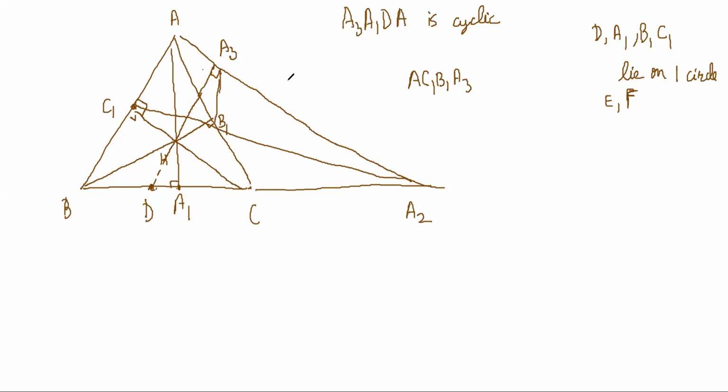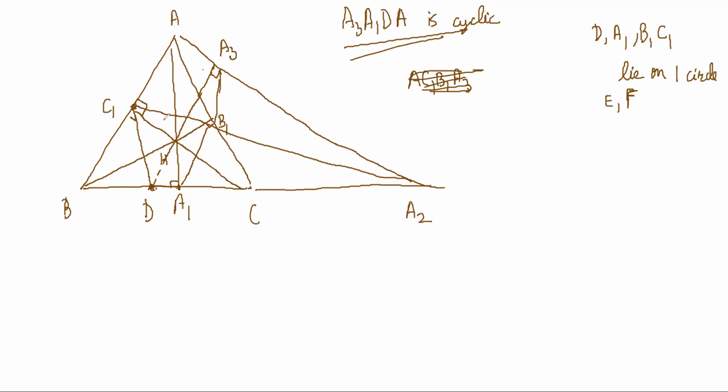So D, A1, B1, C1 is cyclic by the 9-point circle properties, right? And we have already proved that this is also cyclic.